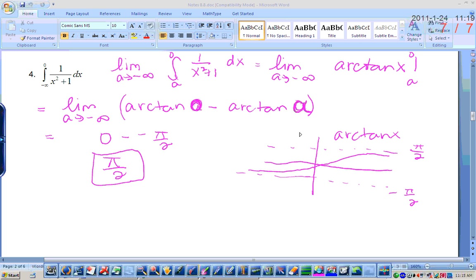What you really need to know is you're going to have to be able to either visualize that arctan graph in your head or be able to draw it on quizzes and tests so that you can refer to it. Because I'm going to ask you more than once to find the limit as arctan either approaches infinity or negative infinity. Yeah, arctan is the only arc graph that you need to know.